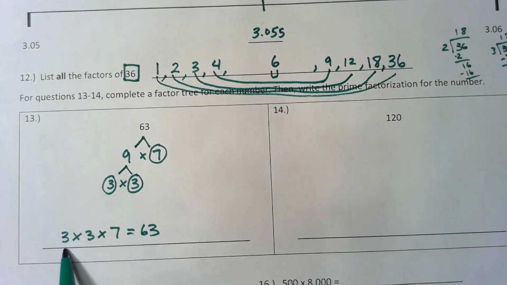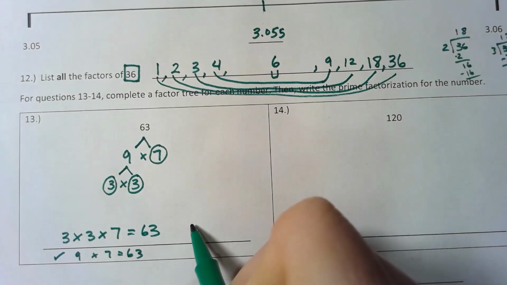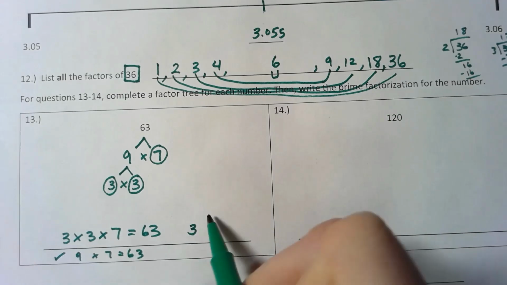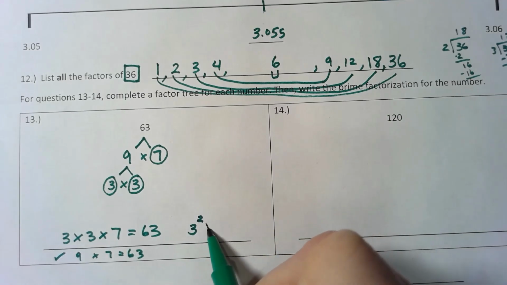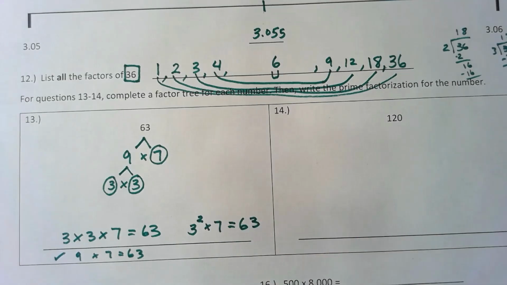We can check this. 3 times 3 is 9, and then 9 times 7 does equal 63, so I have checked this. I could also write this using exponents. 3 times 3 is the same thing as 3 squared, and then I could just do 3 squared times 7 also equals 63.